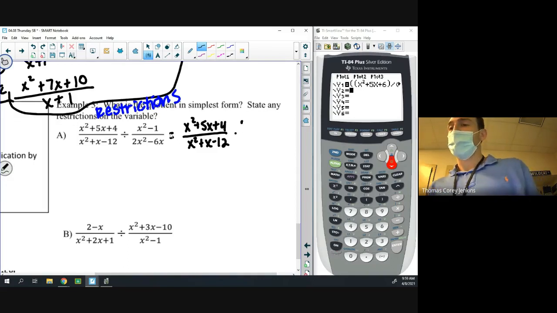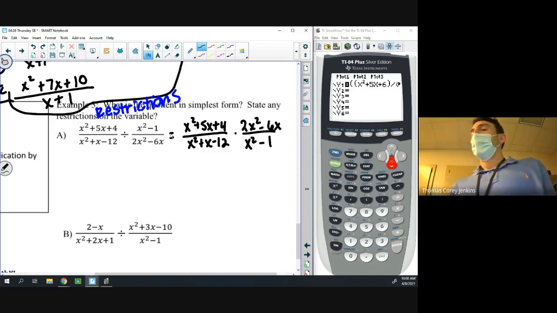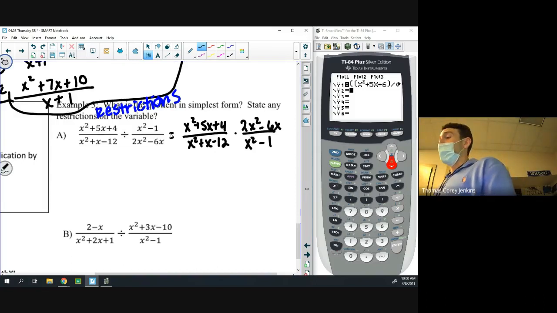So times 2x squared minus 6x over x squared minus 1. All right, so at this point, what I'm going to do is continue to work this problem. I'm going to factor, I'm going to reduce, but I'm not going to talk, so that if you feel comfortable enough, you can work it on your own and then check at the end. If not, though, just stay with me, okay?